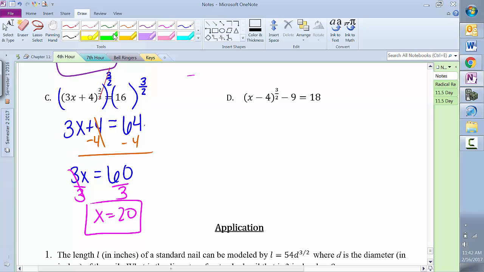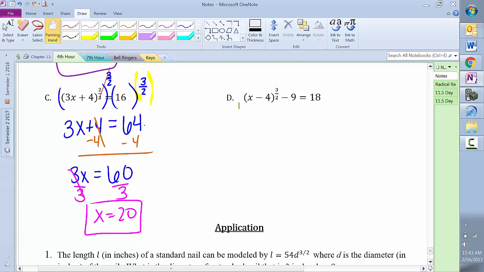Now, if we look here, right here in yellow, it's not isolated. Make sure you're using parentheses around your fraction. You forgot the caret.